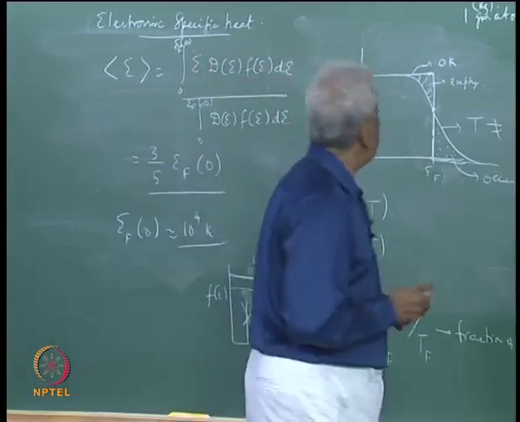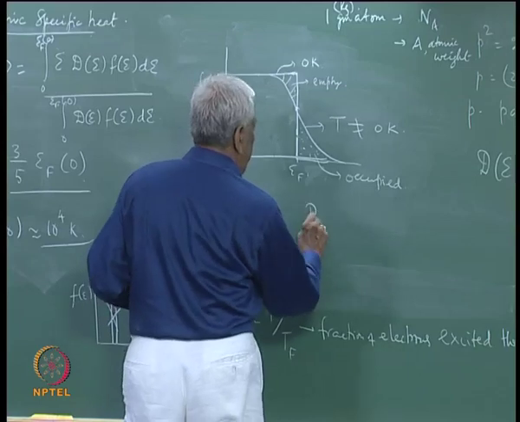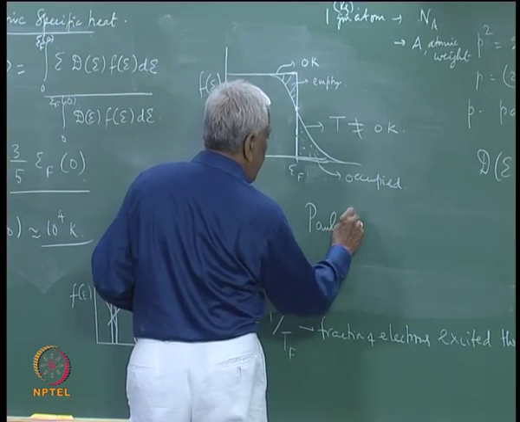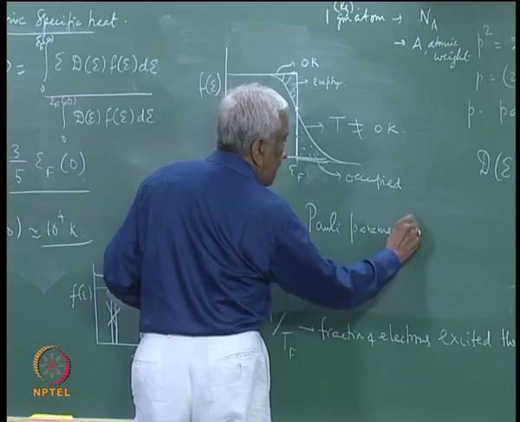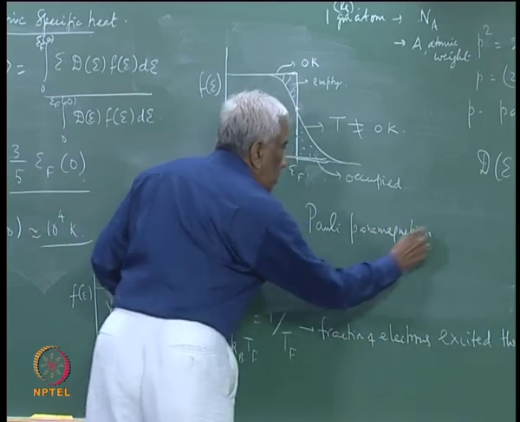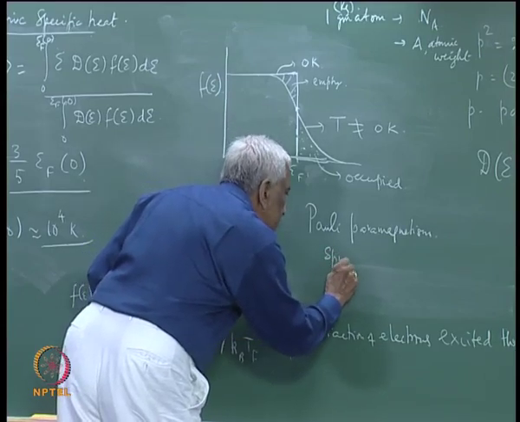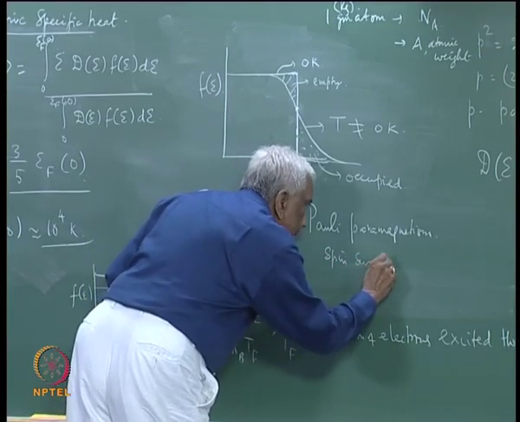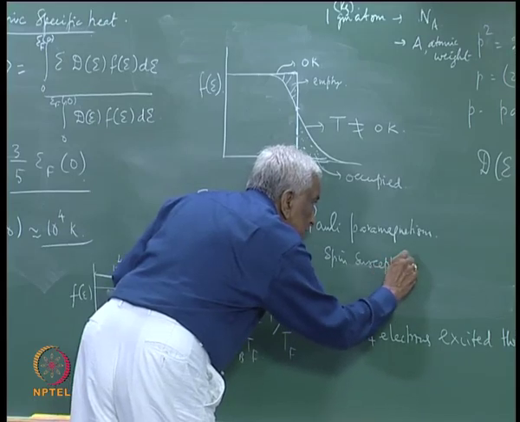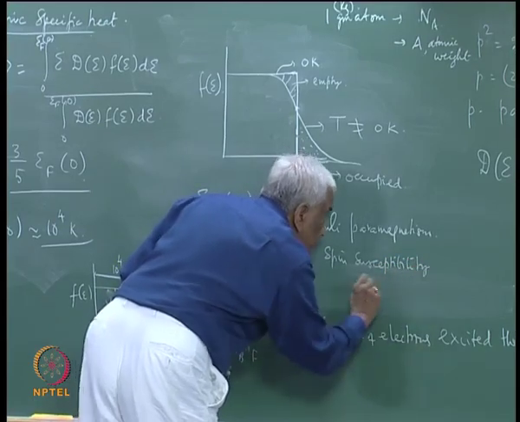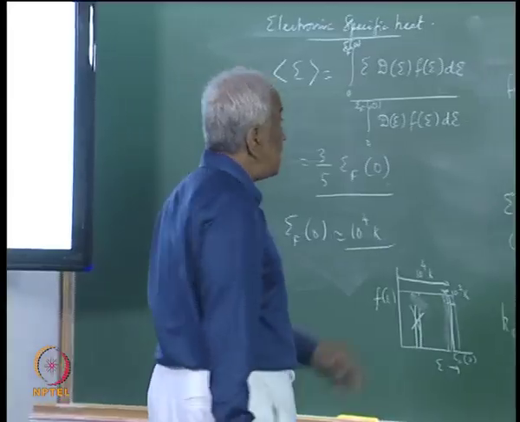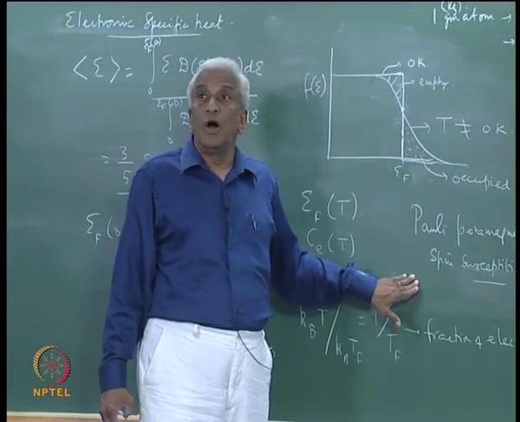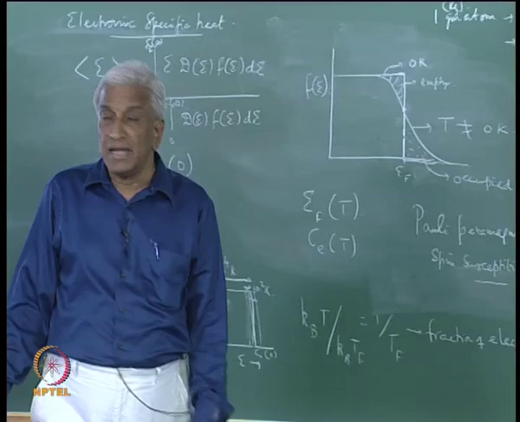So, this is known as Pauli paramagnetism, or the spin susceptibility. This is a magnetic susceptibility which arises from the fact that the electrons have spins and therefore a magnetic moment. So, this is another important characteristic of the conduction electron gas in metals.